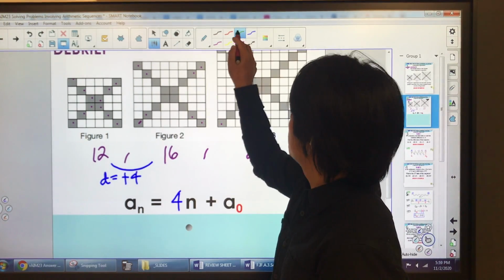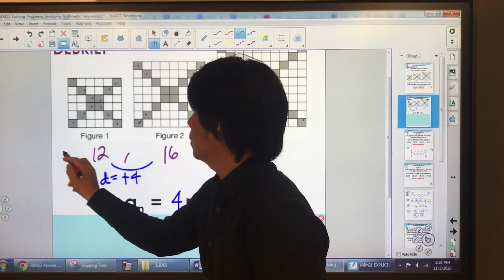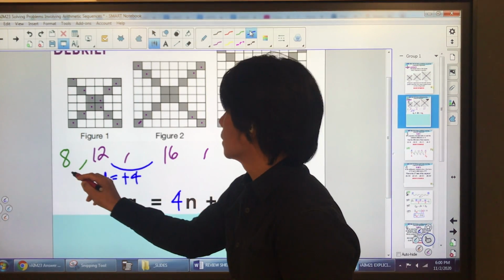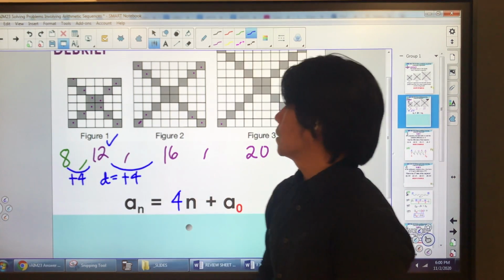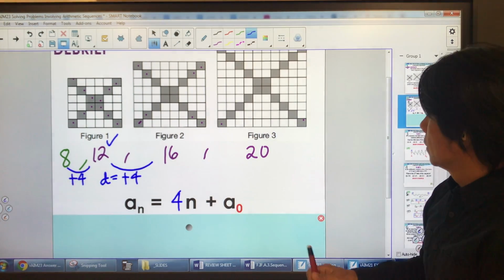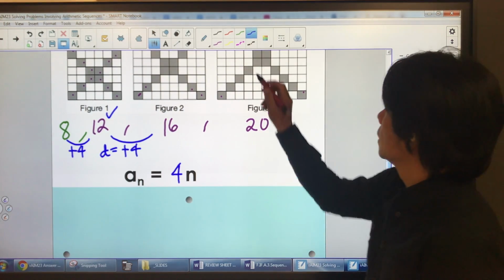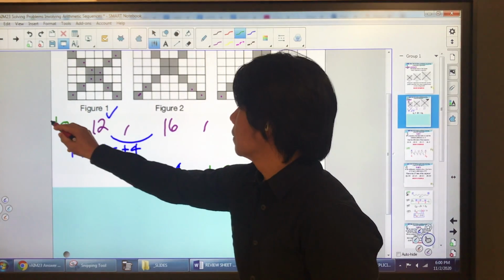Remember, you work backward. From 12, you work backward, it's 8. How do you check? If you add 4 to 8, you're going to get the first term, which is 12. So therefore, that is plus 8, because this is positive 8.